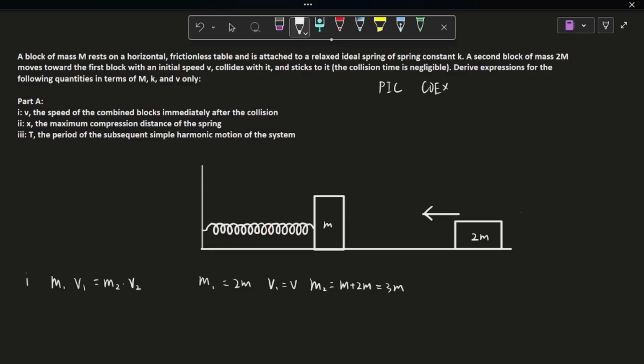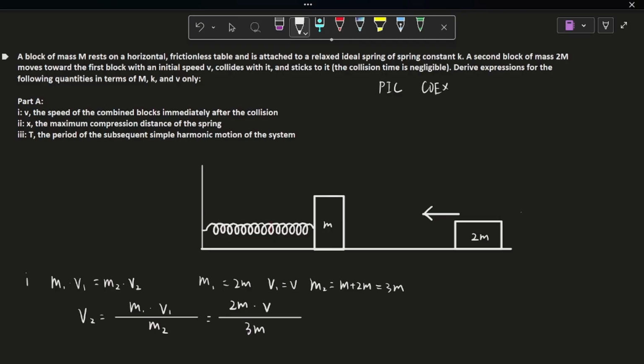Where we have three variables, obviously we can solve for v2. v2 is equal to m1 times v1 over m2. Let's plug the variables in. m1 is equal to 2m, v1 is equal to v, over m2, m2 is equal to 3m.